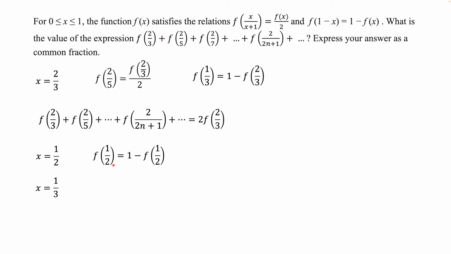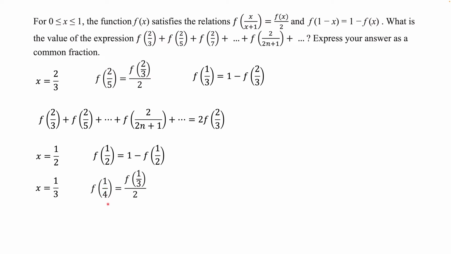But now let's go back to our 1/3. Maybe we can do something about it. We'll plug it into this equation. In this case I get f of 1/3.